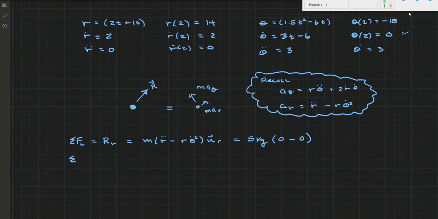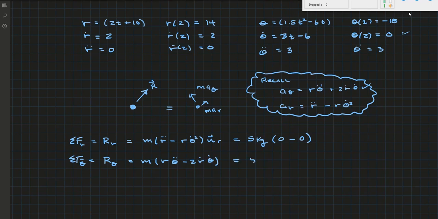And then if we were to sum forces in the theta direction, we're going to have an F theta, and that's going to equal mass times r theta double dot plus 2 r dot theta dot.